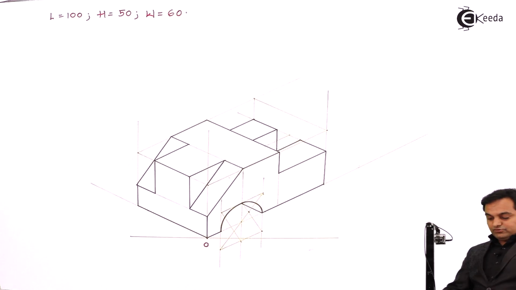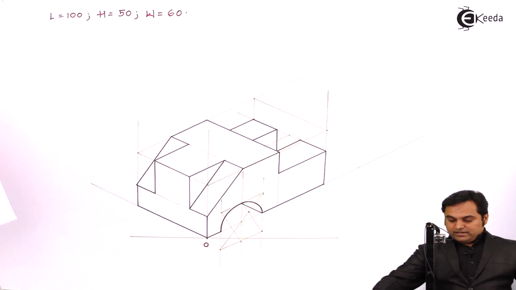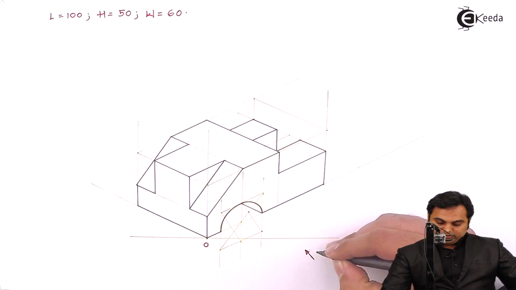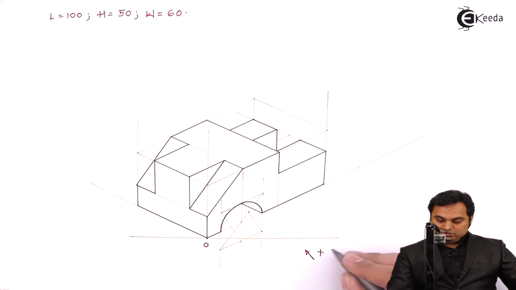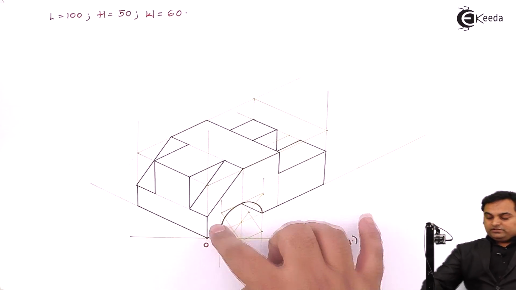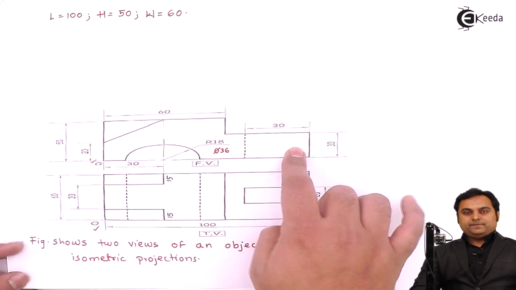So if we see this drawing from the front, in that case our direction is here. This is the X direction where we are observing it as the front view, and when I am looking from the front, this complete surface is visible, as I can see in this 2D diagram.